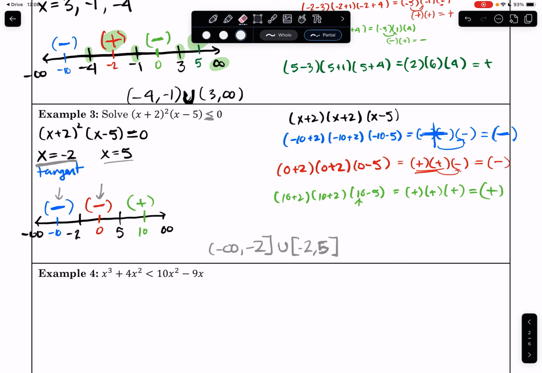Now in this particular situation, notice that I have a bracket on negative 2 on the right end of the first interval and on the left end of the second.